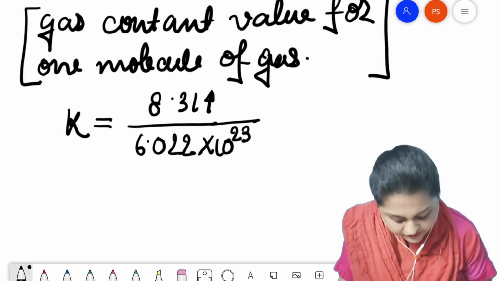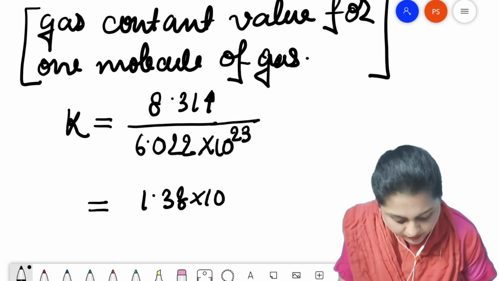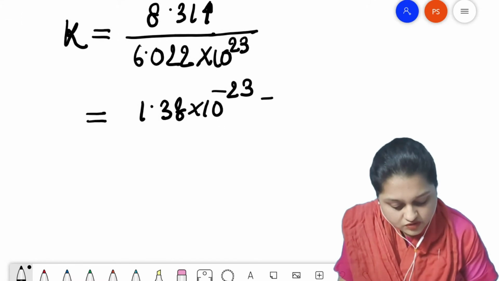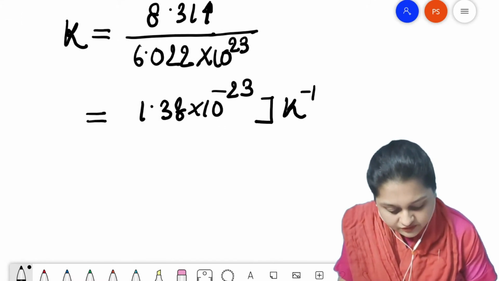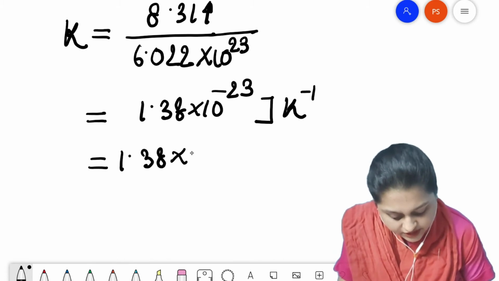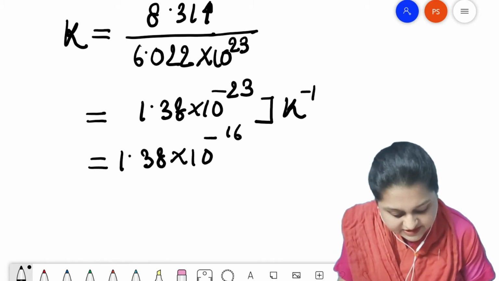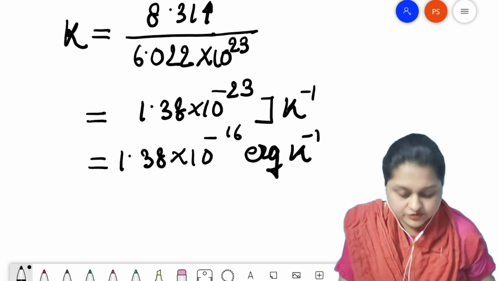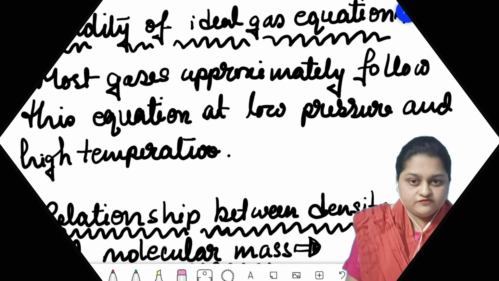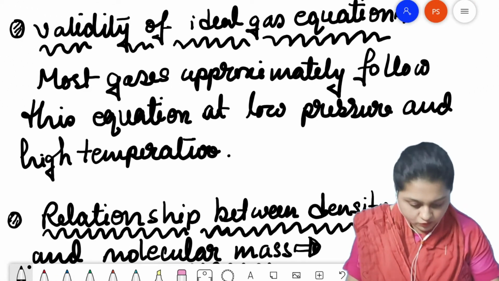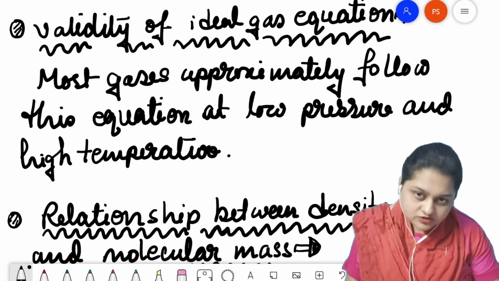This will give the value of 1.38 into 10 to the power minus 23 joule Kelvin inverse, and 1.383 into 10 to the power minus 16 erg Kelvin inverse.